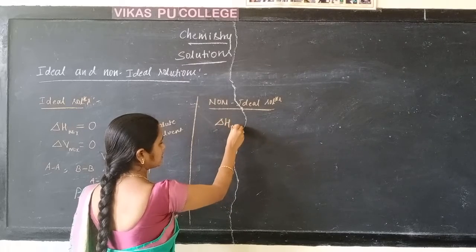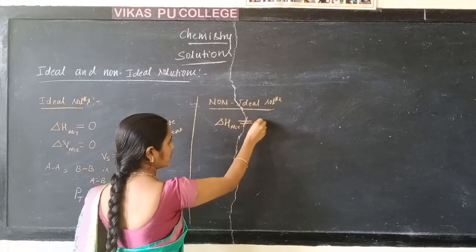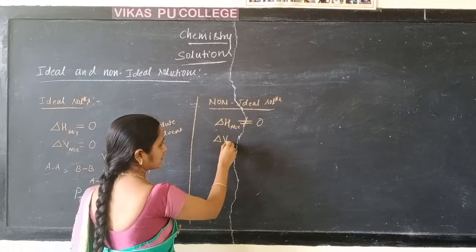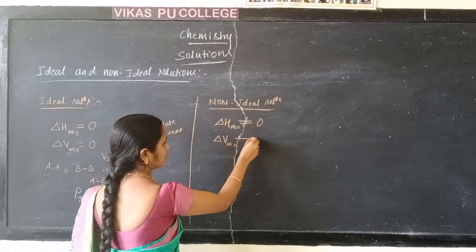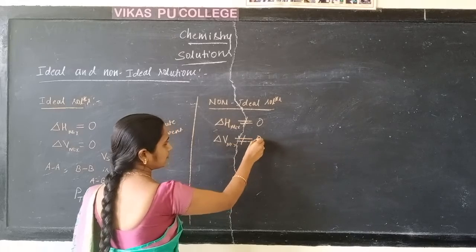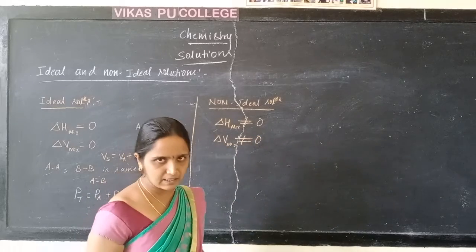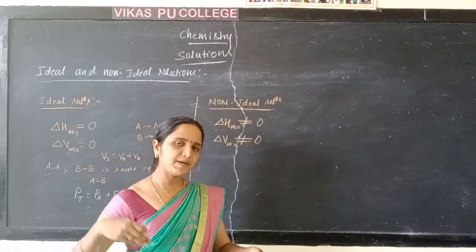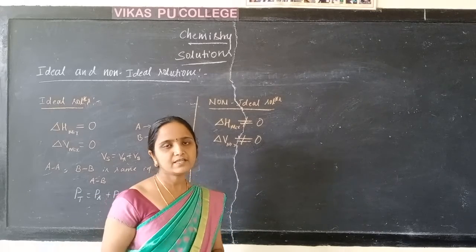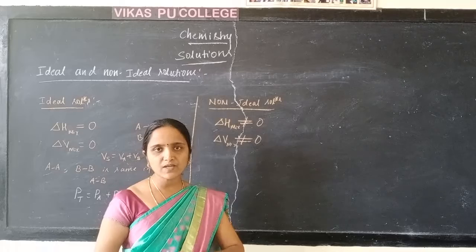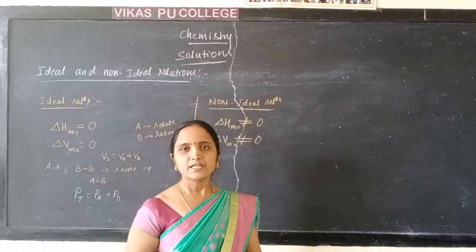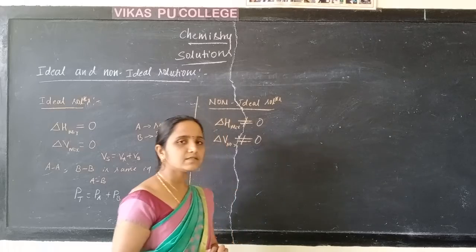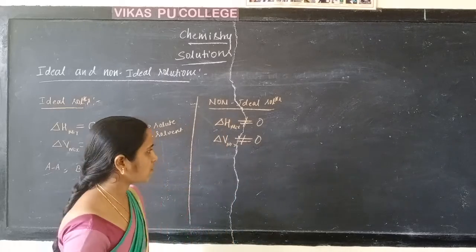The change in the volume is not equal to 0, which means it changes the enthalpy and it changes the volume. Either the volume of the solution decreases or increases, so it is not equal to 0.